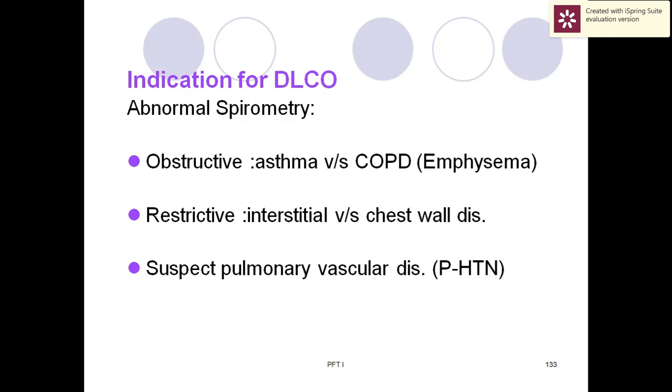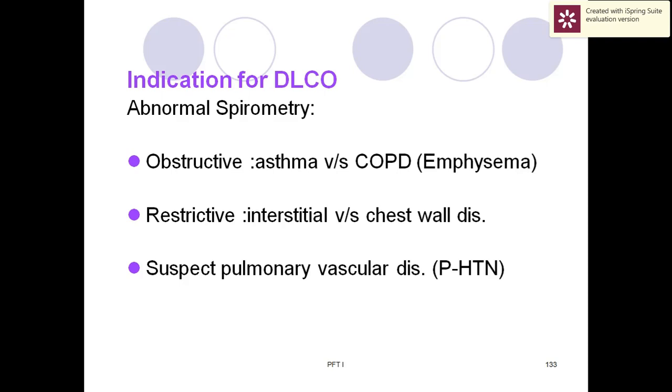Sometimes, a very important sign: in a patient with pulmonary hypertension, spirometry can be normal and lung volume can be normal, with an isolated reduction in diffusion capacity in a patient with dyspnea.